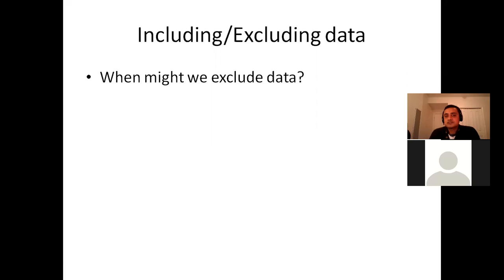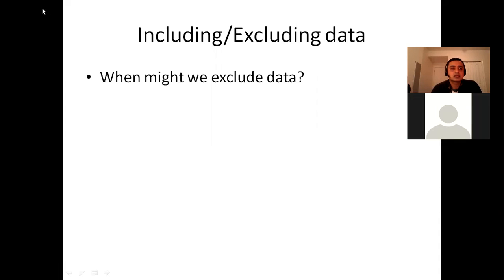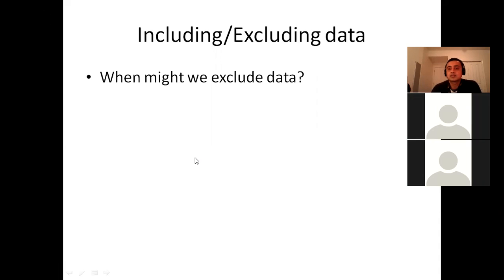Go ahead, Steph. I was thinking when we suspect there's been some kind of flaw in collecting data for that particular unit of analysis, like maybe if we were doing an attitudinal survey and we suspected, hey, this person was being kind of a monkey and was fooling with the results or something like that. 100%, yeah.